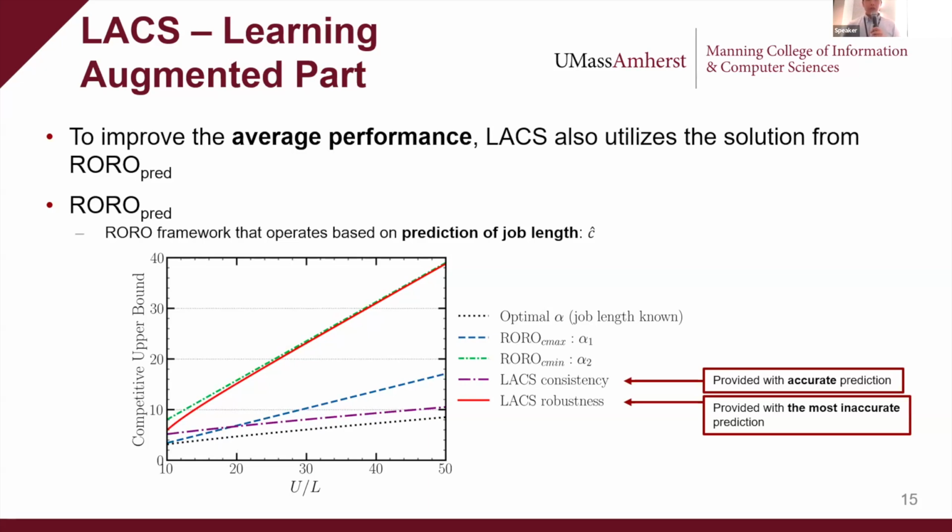And the red curve is the robustness setting, when it's given predictions that are quite inaccurate. Specifically, this is a setting where it predicts the job length is Cmin, but the job length is Cmax, so the prediction is Cmin in the worst case.